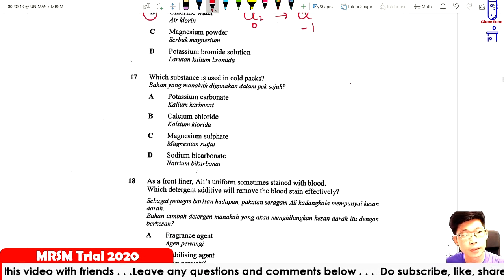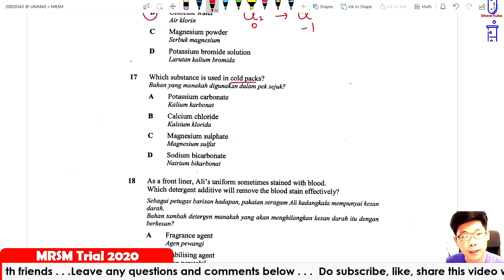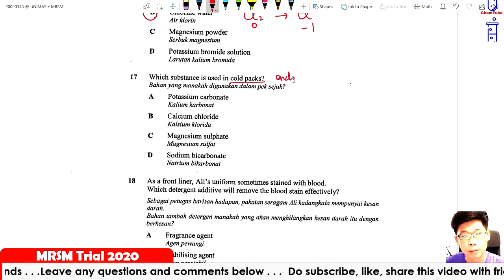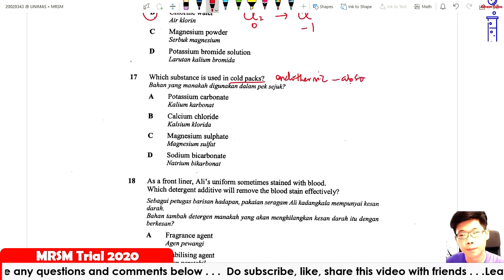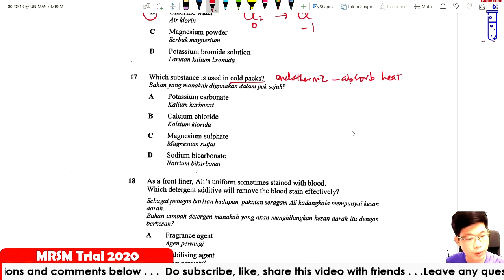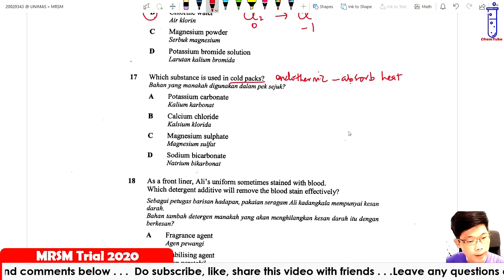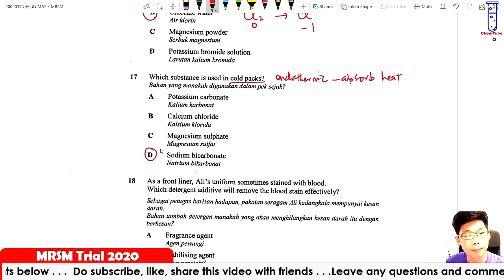17. Which substance is used in a cold pack? Cold pack means it undergoes an endothermic reaction, absorbing heat from the surroundings. So here, among the choices, there is only one, sodium bicarbonate.